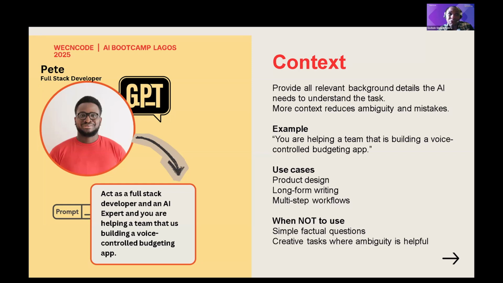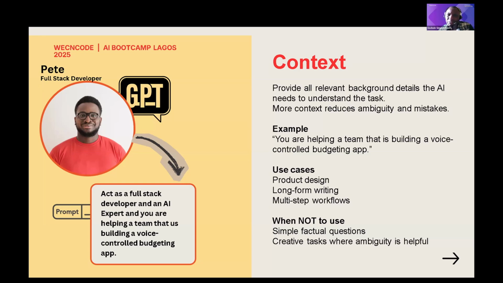If you are asking a question, you should also have an understanding of what you are expecting. Don't think that you just ask your LLM any question and it will give you any answer and you swallow it that way. No, you need to check through the answer and be sure that it fits what you want. So that's where we're talking about the context.